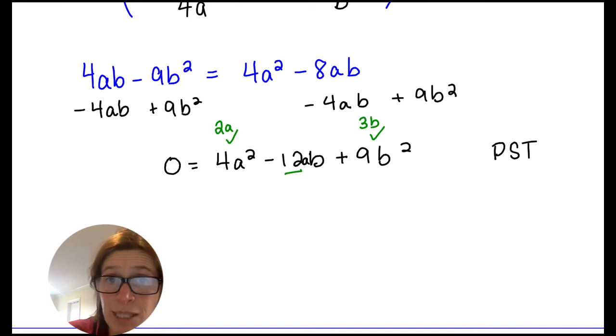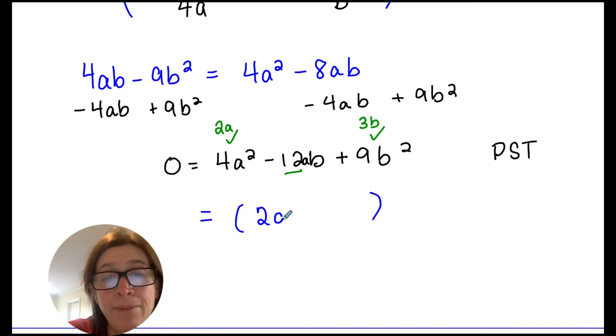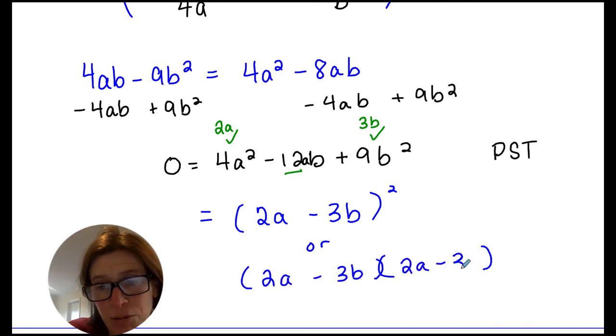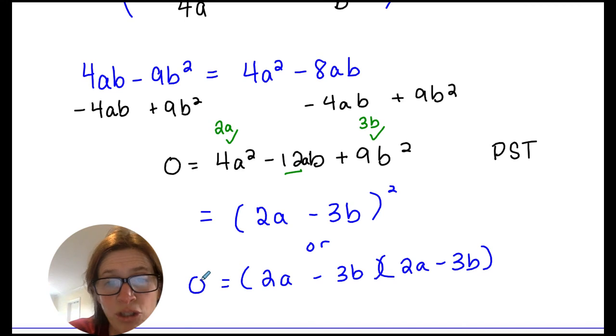And that tells me it's a perfect square trinomial. So it will factor to two equal factors. In this case, (2a minus 3b) squared. Or, if you did it the long way, (2a minus 3b)(2a minus 3b). They would be exactly the same factors.